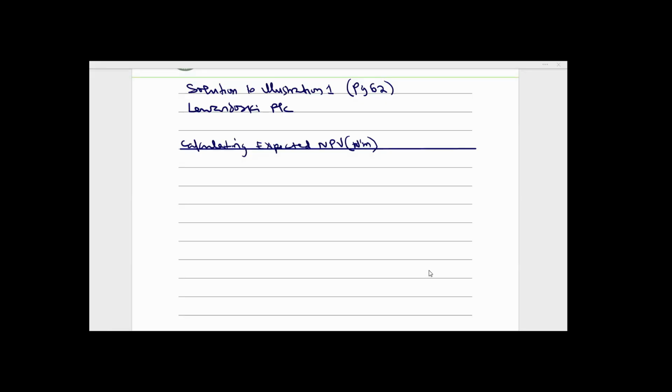Ordinarily, scrap value is supposed to be at the end of the project's life, that is, the final year. But examiner specifically told you in this question that the amount is receivable 1 year after the last year in which production takes place, which means that this 10 million naira scrap value will not be received in the 3rd year until the 4th year. So we are going to extend by 1 more year.